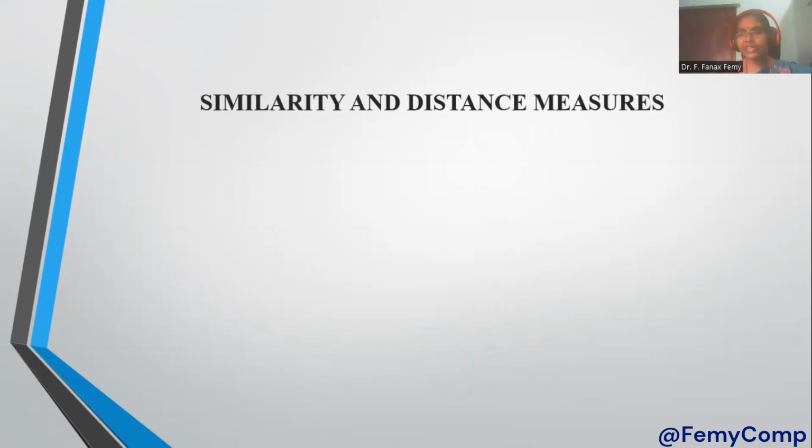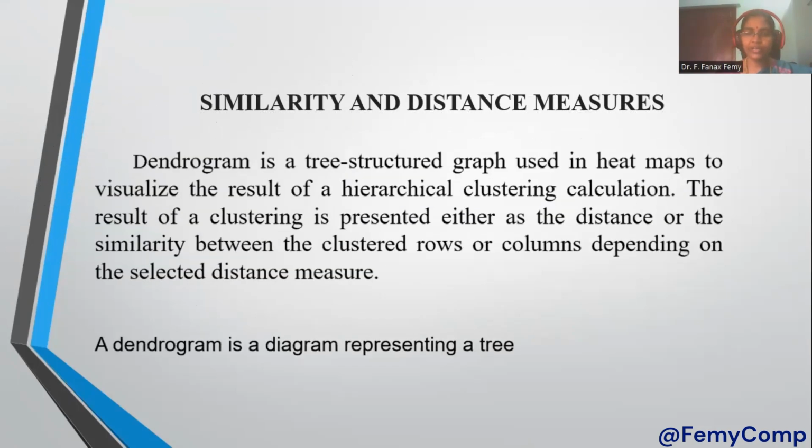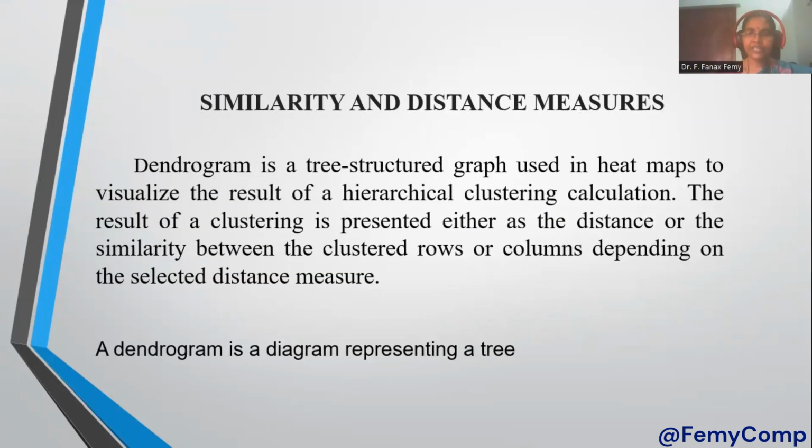Then similarity and distance measures. Already we studied the inter-cluster distance and intra-cluster distance, because one cluster consists of different objects. The distance between the different objects within the class, or the distance between the objects within different classes.